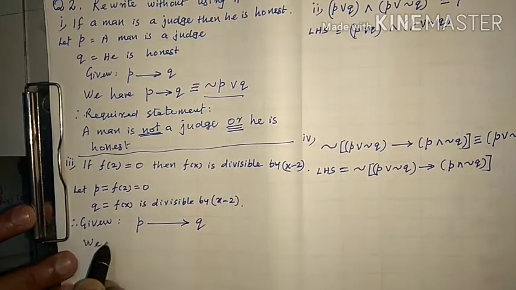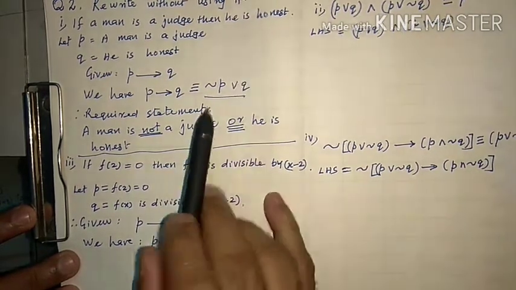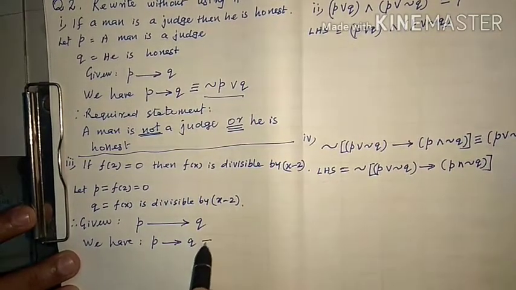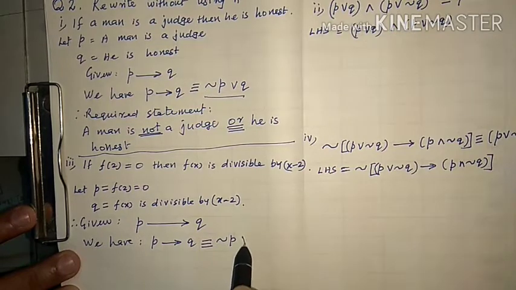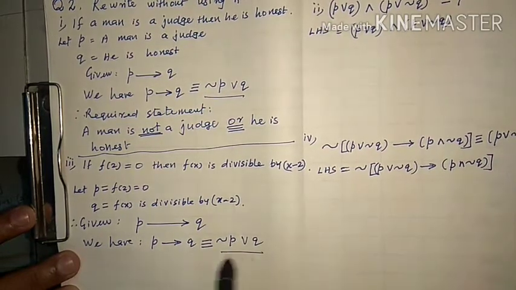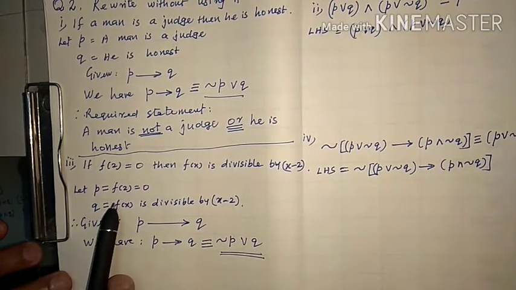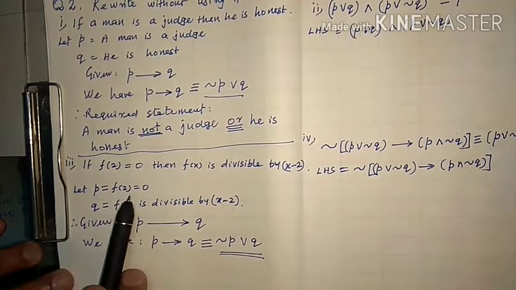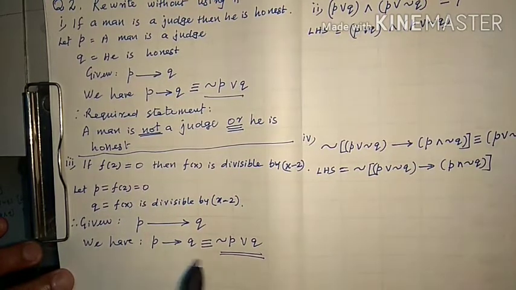Now what do we have? P implies Q, same thing, is equivalent to negation P disjunction Q. This we say in words. First one, f of 2 is equal to 0. Now what we say? Not that. Therefore, the required statement.